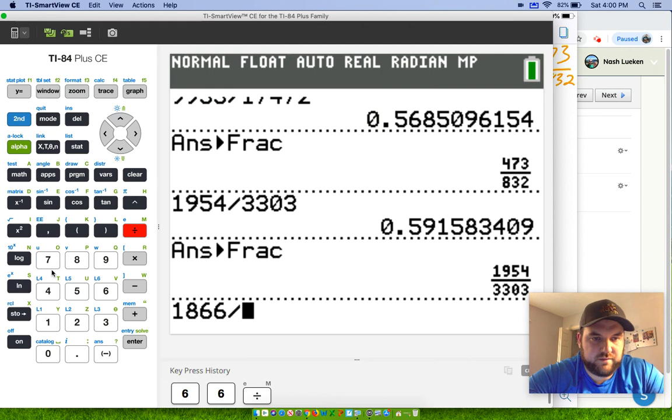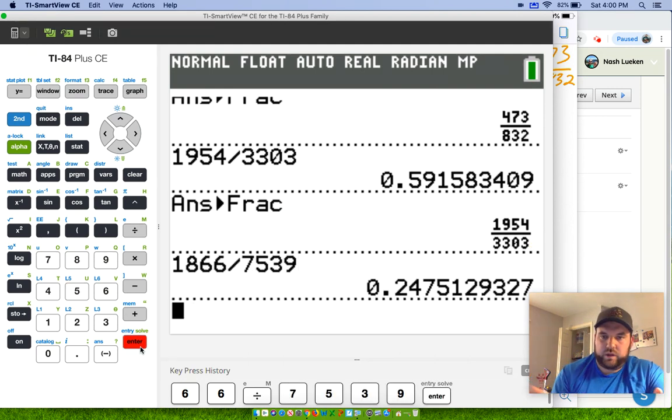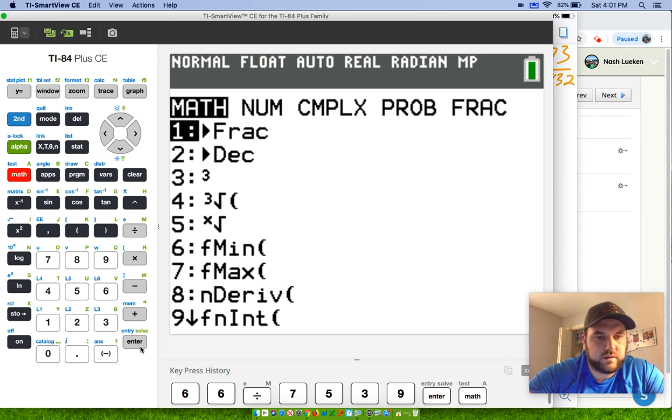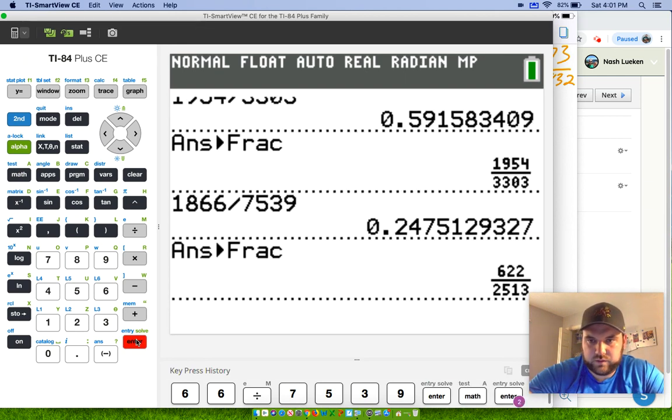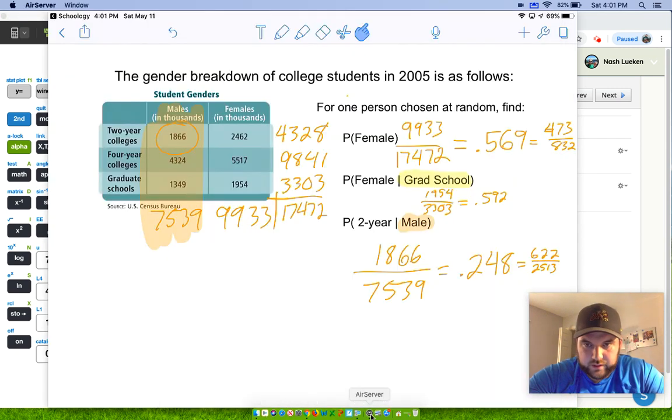I get 0.248. As a fraction, I get 622 out of 2513. So this gives us that final answer.